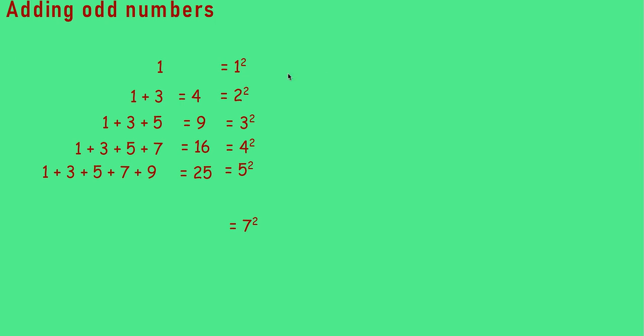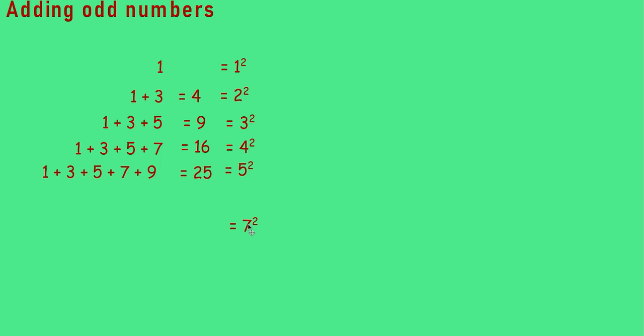Here you can see 1 square is 1. 2 square means the sum of two successive odd numbers, that is 1 plus 3. 3 square, 3 successive odd numbers, that is 1 plus 3 plus 5. And 5 square, the sum of 5 successive odd numbers.